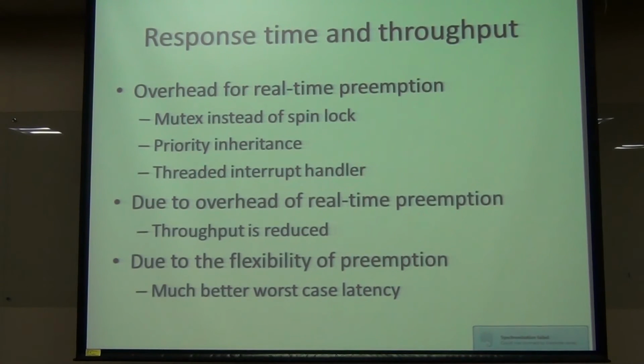Okay, one thing I also want to touch on is response time and throughput. They are opposite. In other words, the more deterministic your response time is, the lower your throughput can be. So that is expected.